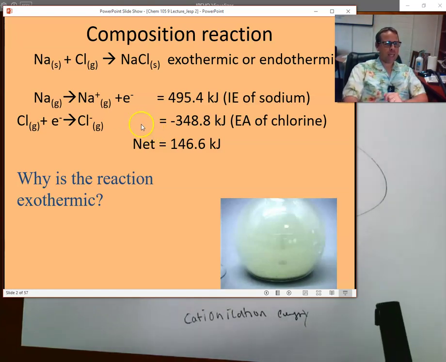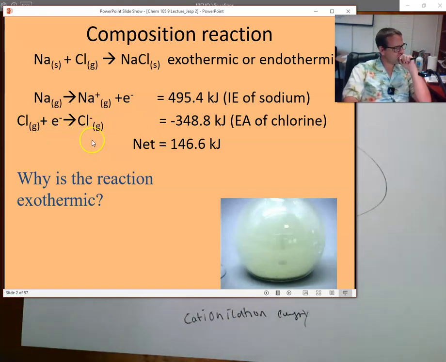Now, what about gaining an electron? Who's next? Nicole. Gaining an electron. What did we say? Do we remember? In this process, what does it require or release energy for this step? It releases energy.